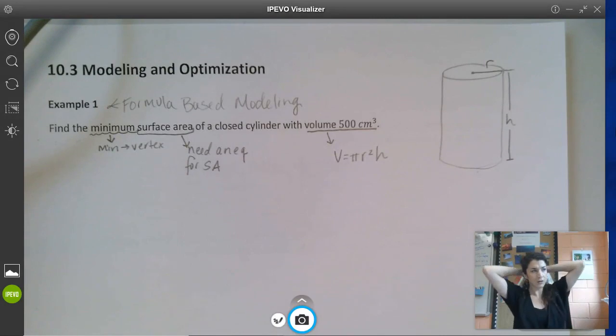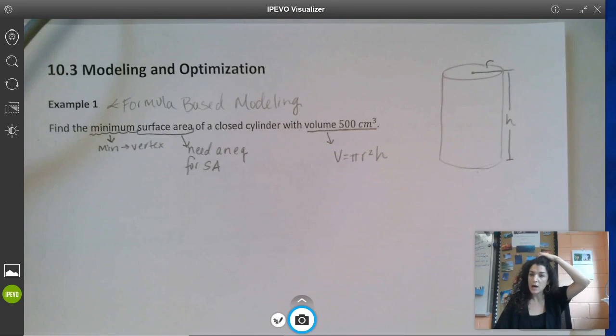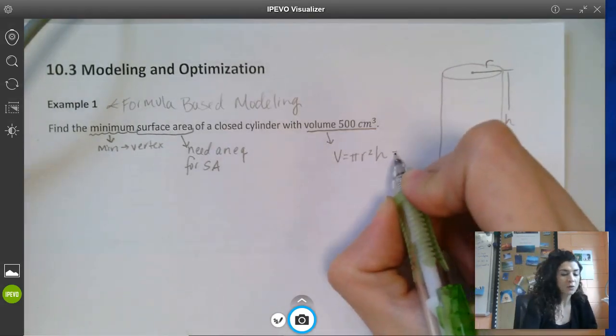I've got the formula packet pulled up right here. It gives it to you exactly like that in your formula packet, so that is ready to go for you. And you have that that's equal to 500.